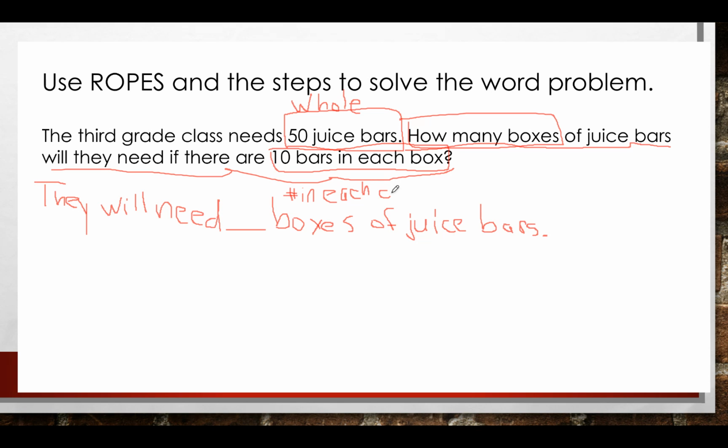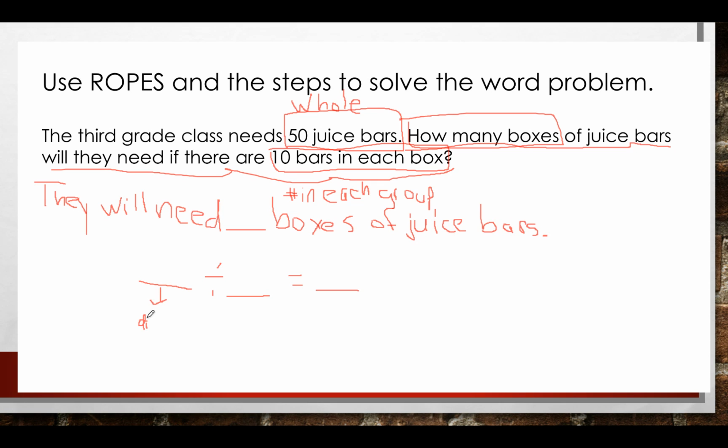Now I want you to think about when we write a division problem and what each one of those numbers mean when we write them. So remember, we have blank divided by blank equals blank. And each one of these numbers have a special name. The first number, remember, is called the dividend.